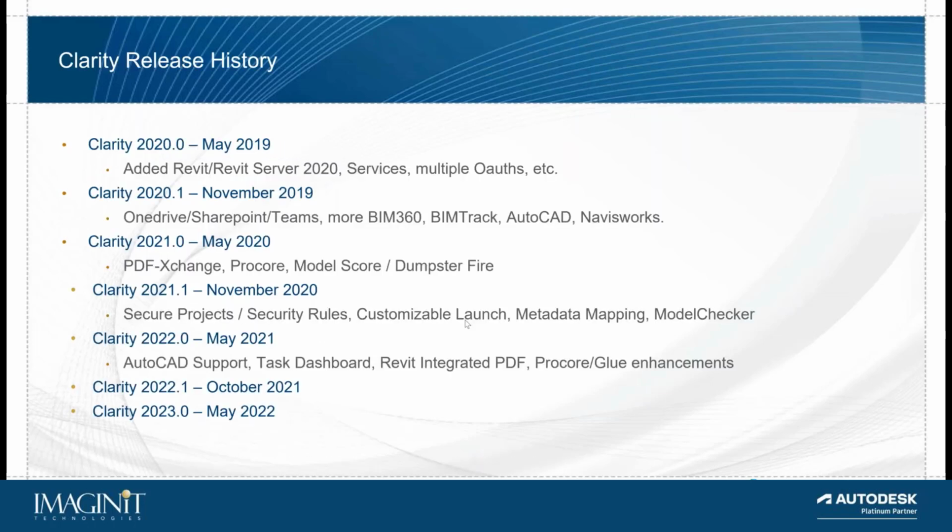Moving forward, we've generally been on a cadence of 2 releases per year, one in the spring, where we do the compatibility release with the new Autodesk version, and then one in the fall, the 0.1 version, which is just a feature release.